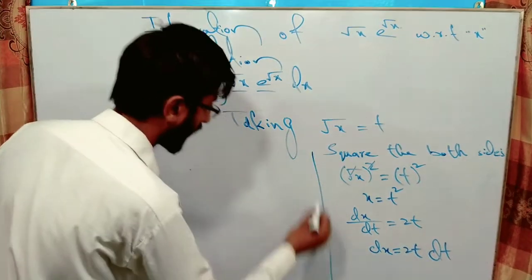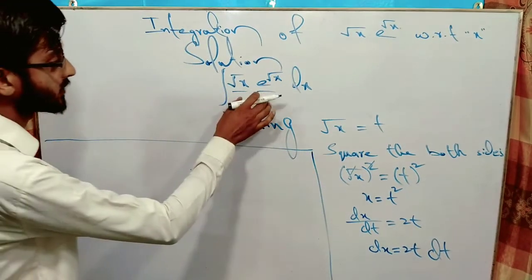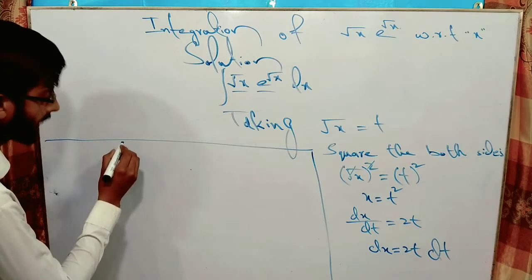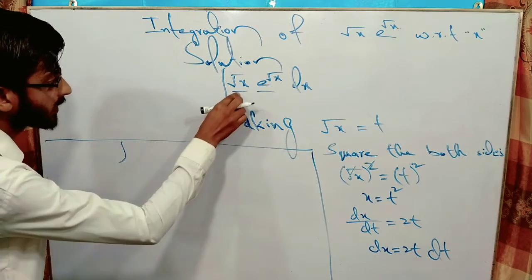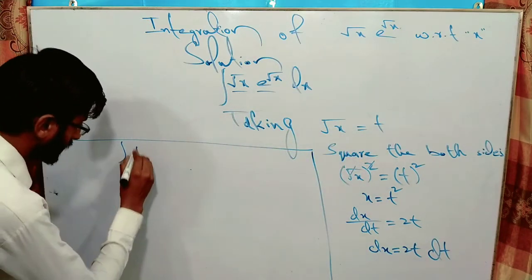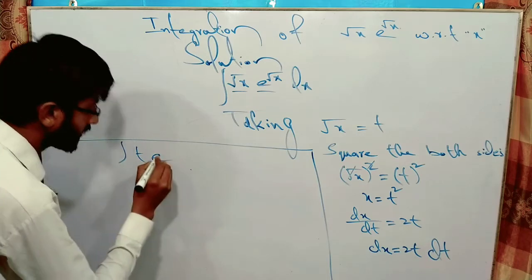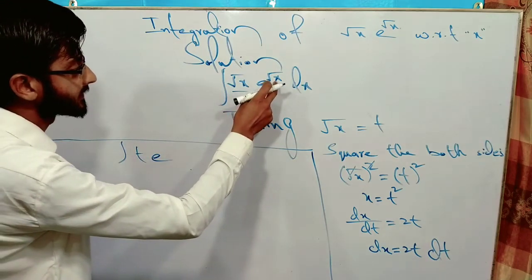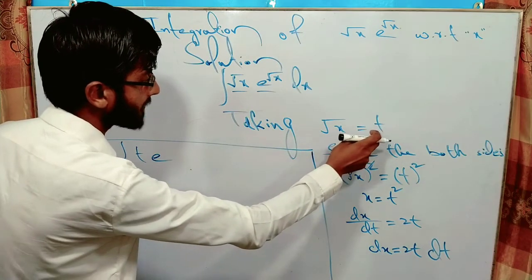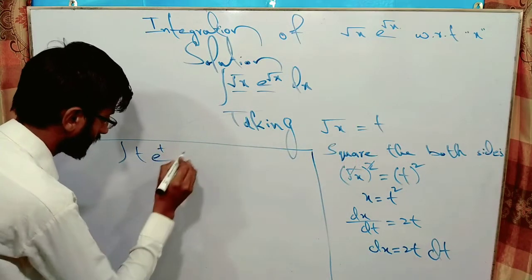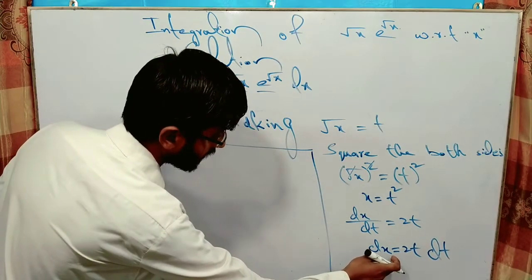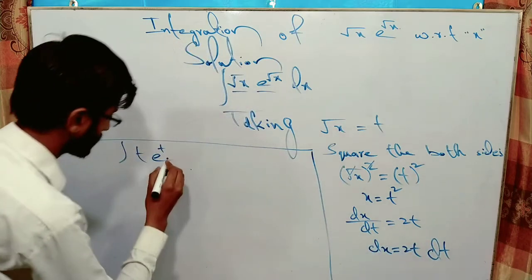Here we put the value of this into the function. So the integration symbol, under root x equal to t, e to the power t, since under root x is t, and dx is equal to 2t dt.